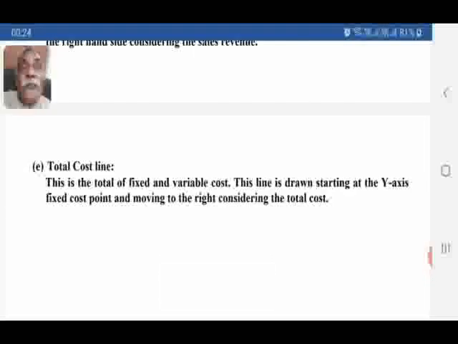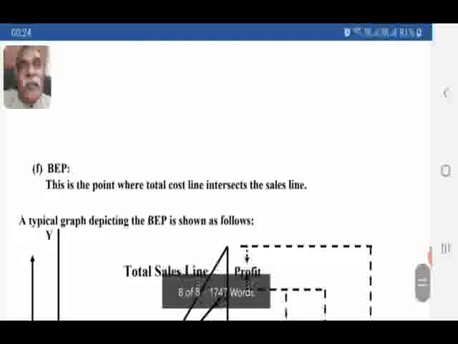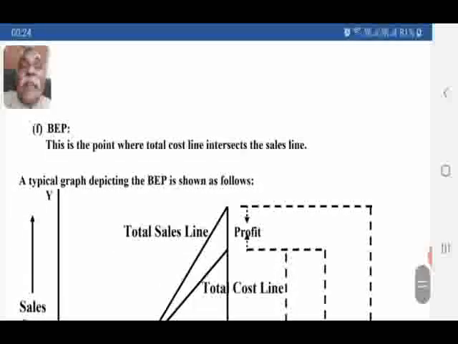Total cost line. This is the total of fixed and variable cost. This line is drawn starting at the y-axis fixed cost point and moving to the right considering the total cost. And BEP is the point where the total cost line intersects the sales line.